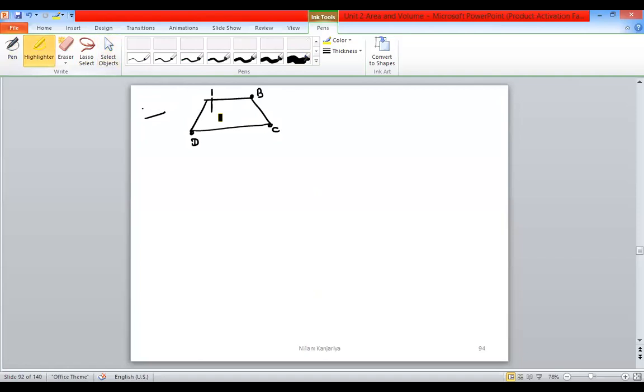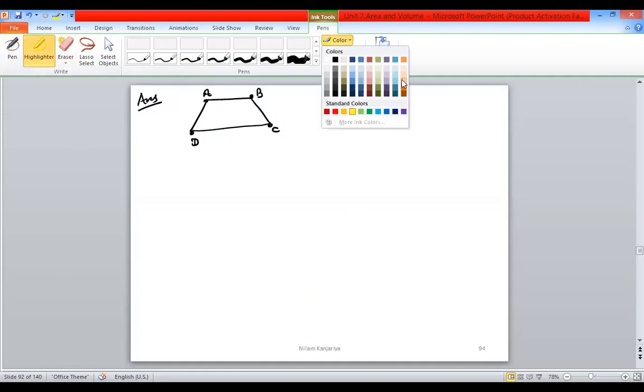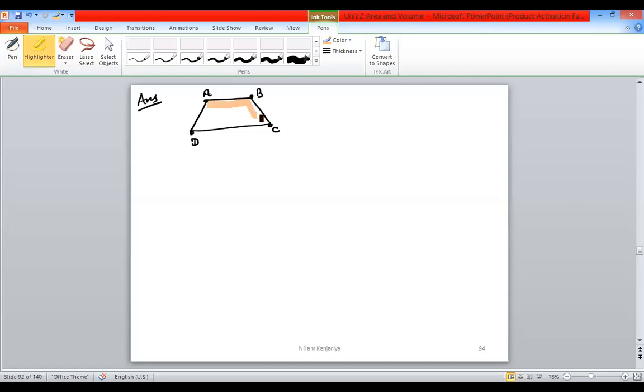Look here, this is your trapezium, and I want to find such a part.